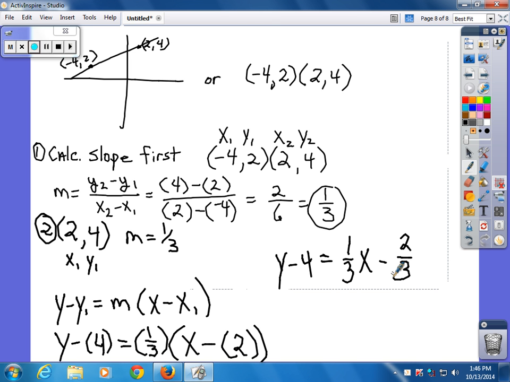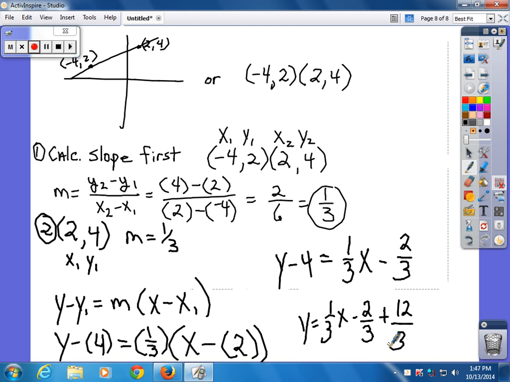You've got to figure it out. y is equal to 1/3 x minus 2/3 plus 12/3. Don't ask me how I got it, because I'm not going to tell you. If you can't figure it out, ask somebody. Don't ask me, because I'm not going to repeat myself. I've already taught you how to do that.